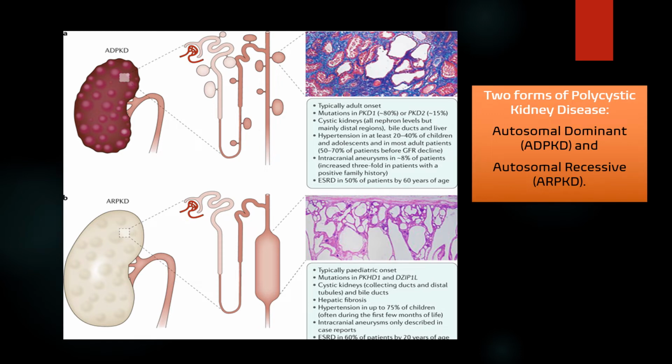In this overview, I thought I'd take this opportunity to provide a basis between the differences between autosomal dominant polycystic kidney disease and autosomal recessive polycystic kidney disease, or ARPKD. So in ADPKD, onset is typically in adulthood.